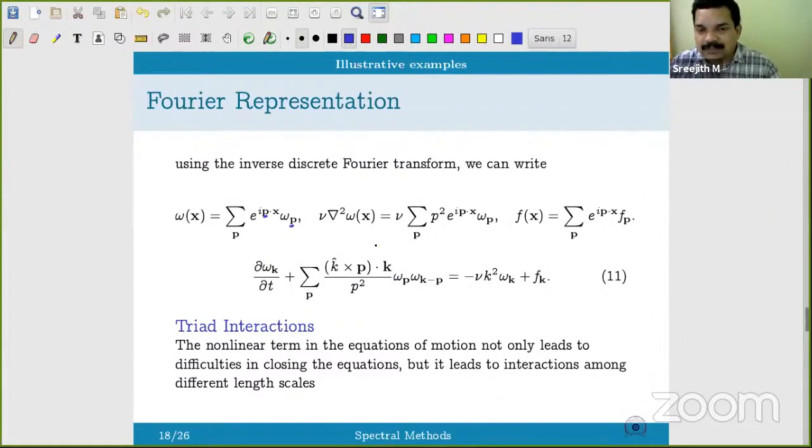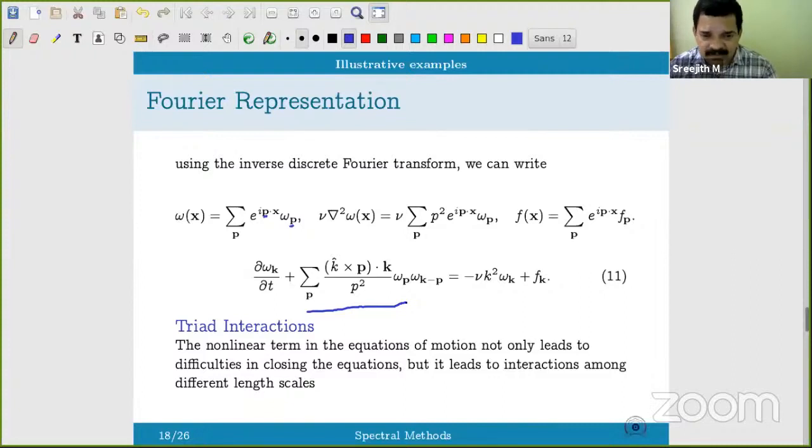Now, when you transform the nonlinear term, there is a triad interaction between the wave numbers, which produces wave numbers that are not in the list of wave numbers we have. So new wave numbers are produced.